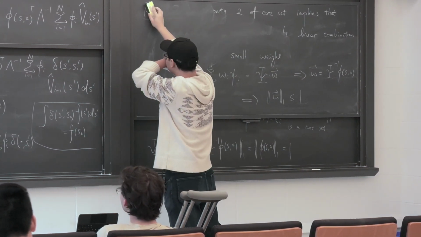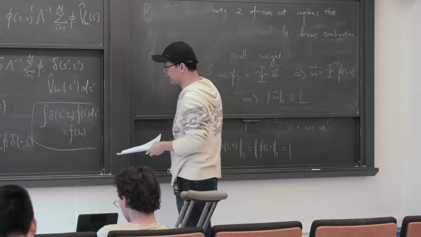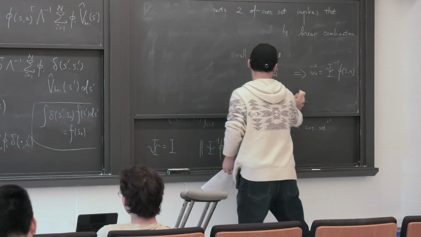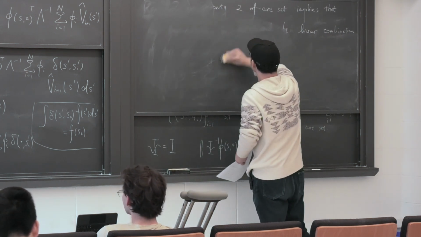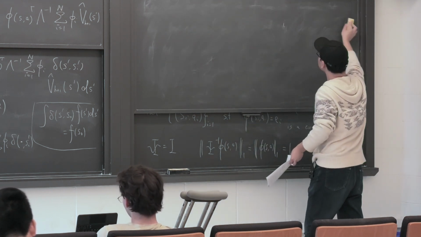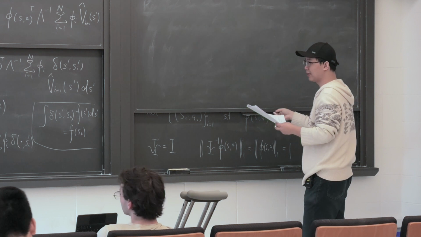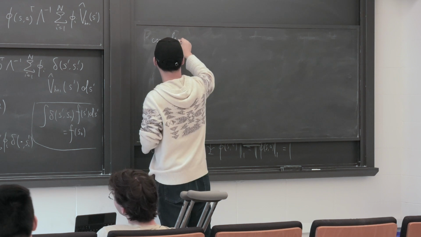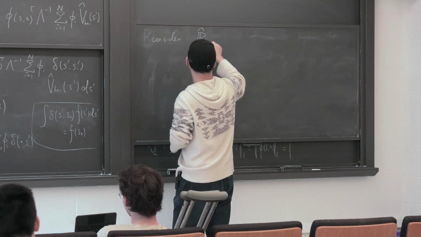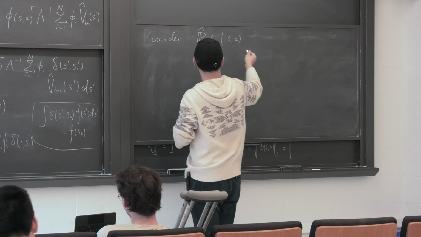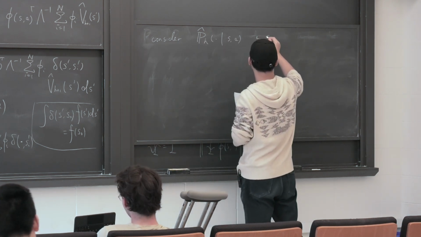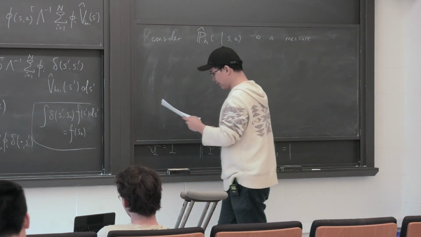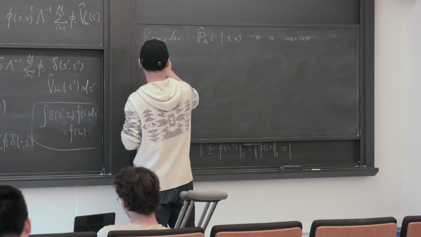You can think of it as some measure which essentially assigns this value. We'll just write it down. You can think this p hat is a measure which assigns probability mass.